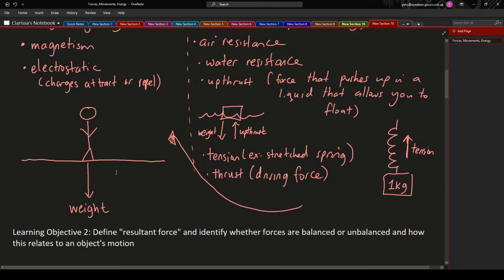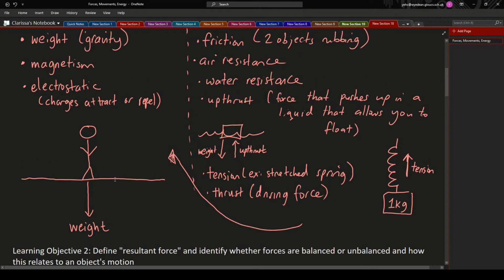It's not going to be air resistance because you're not moving about, not water resistance. There's no friction because you're not moving. Friction happens due to two objects sliding or rubbing past each other. No upthrust, you're not in water. No tension really. There's no stretched objects here. No thrust. You're not in a car or anything like that. No magnetism, no electrostatic force. But there is one other force.